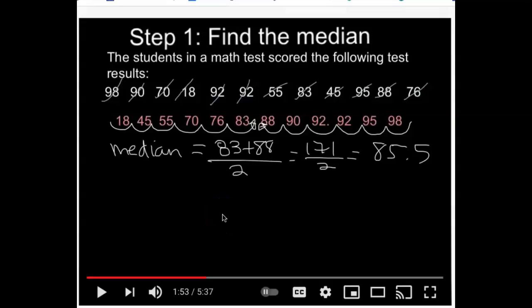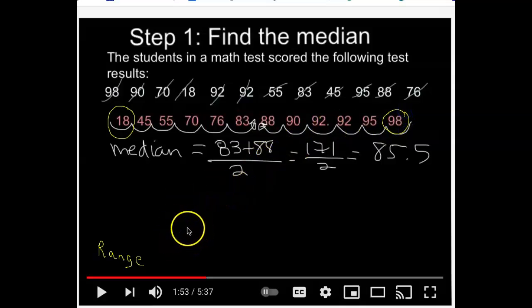Okay, she's about to explain to you what quartile 1 and quartile 3 are and the interquartile range, but before we do that, let's just simply talk about the range. The word range is going to describe the distance between the value that's the lowest value and the value that's the highest value.